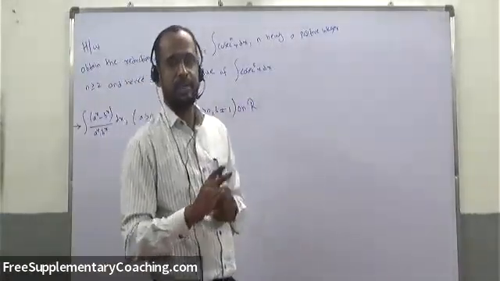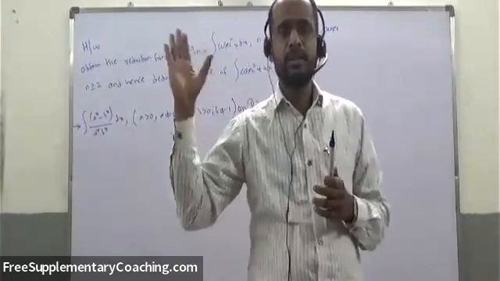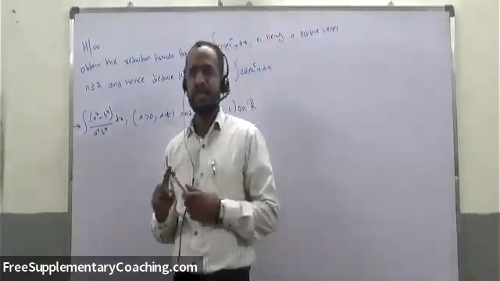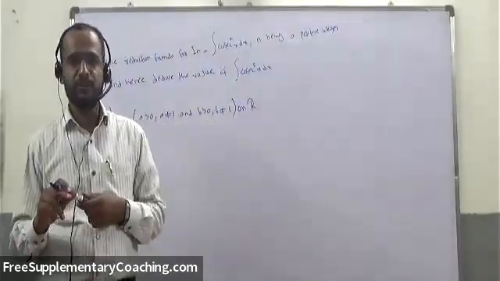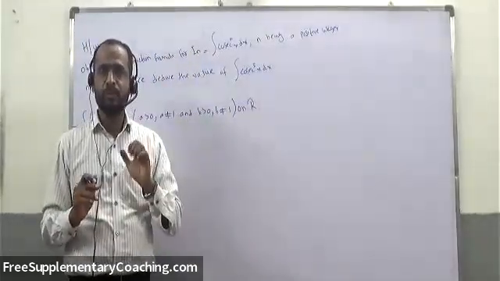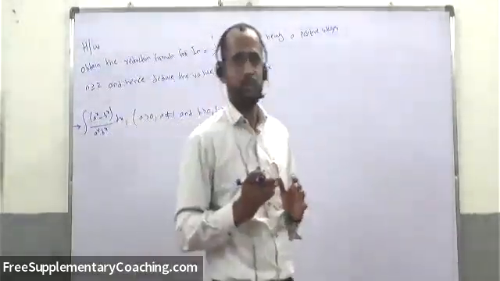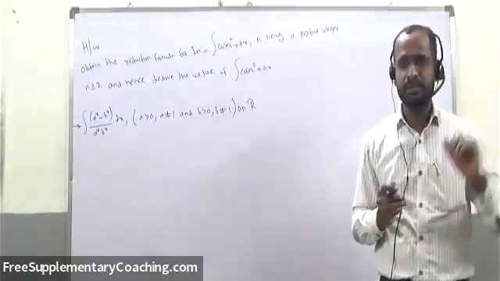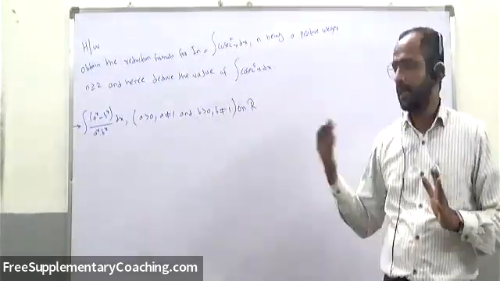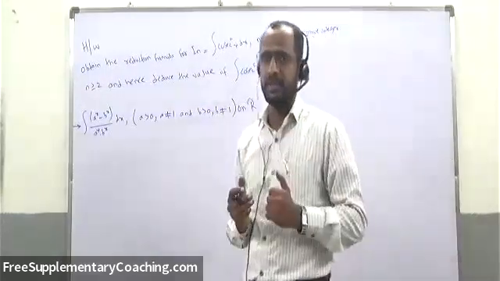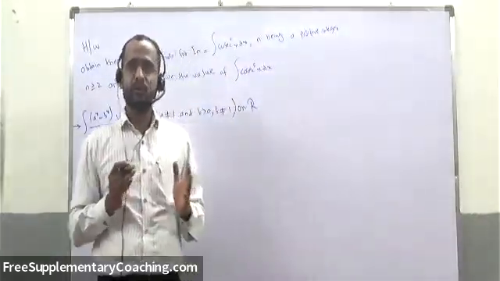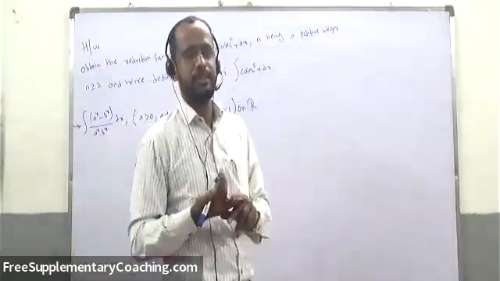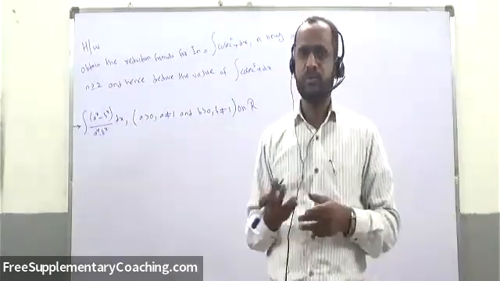Before starting the integration chapter, I told you that the first problem that we solved was integration of 6x minus 5 in the bracket root over 6 minus 2x square plus 6 into dx. That was the first problem, and a similar problem I gave you as homework. That was the first day for the integration. Then we moved to the reduction formulas. In reduction formulas, I told you sine, cos, same concept with little changes according to the formula.